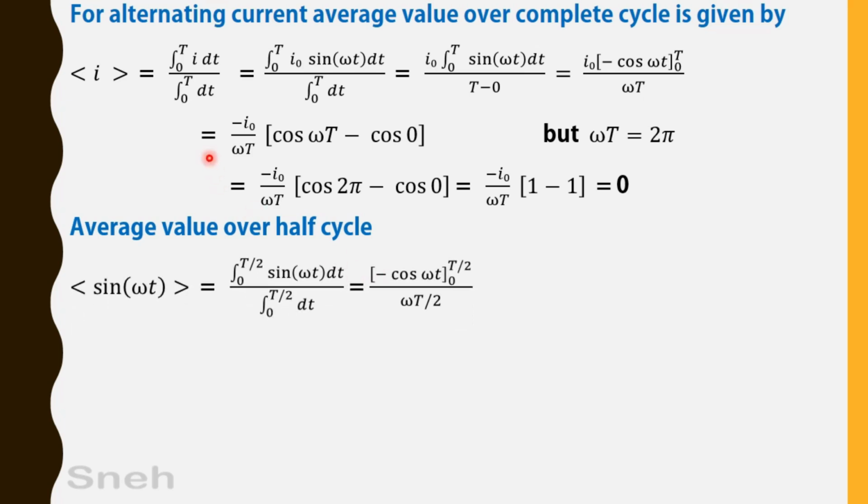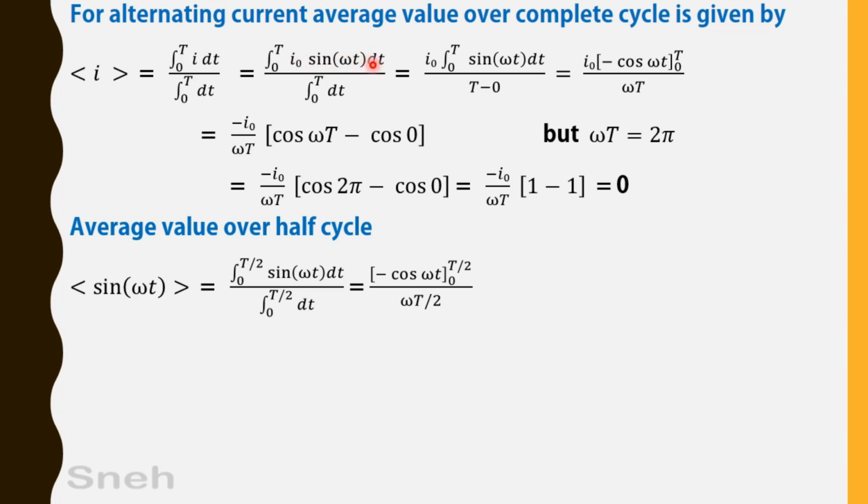Now, what will be the limits of integration? From 0 to T by 2 for half cycle. But here I know that when I'm taking the average of I, actually I'm taking the average of sin omega t, because the varying term is sin omega t.